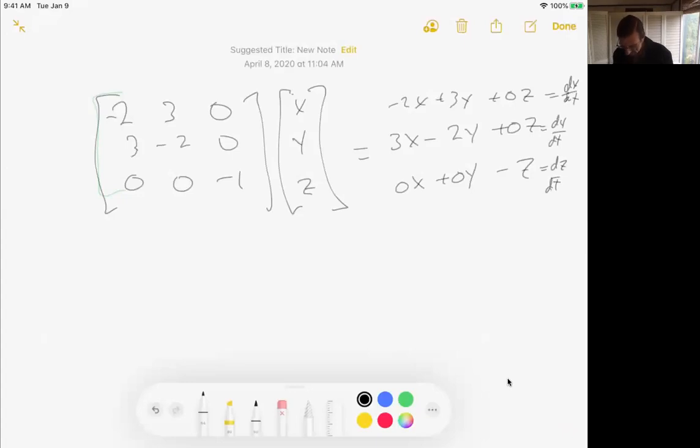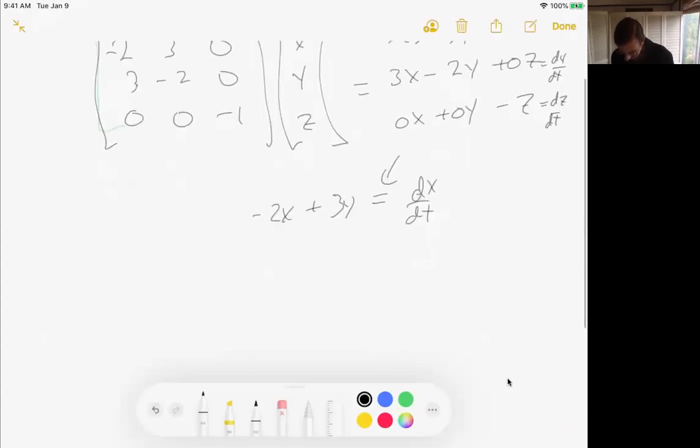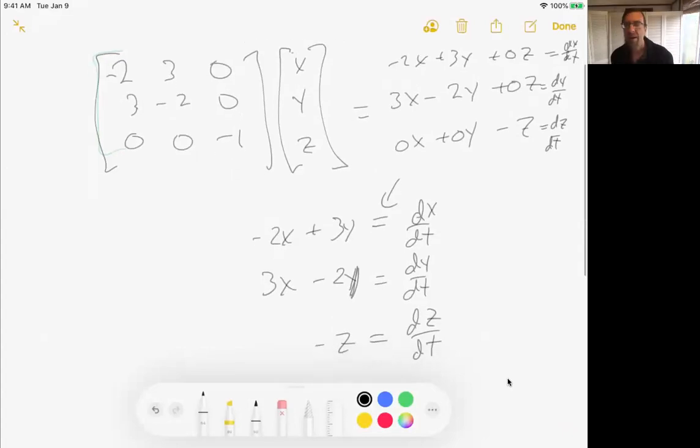Now we can rewrite that again. The first equation is minus 2x plus 3y equals dx/dt. The second equation is 3x minus 2y equals dy/dt. And the last equation is minus z equals dz/dt. Does everybody see that?